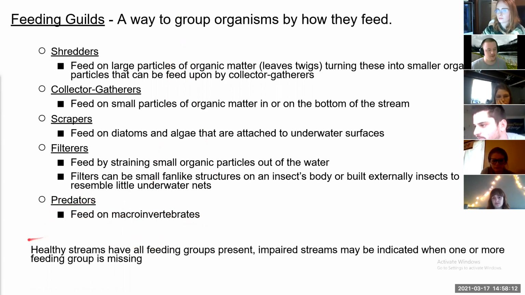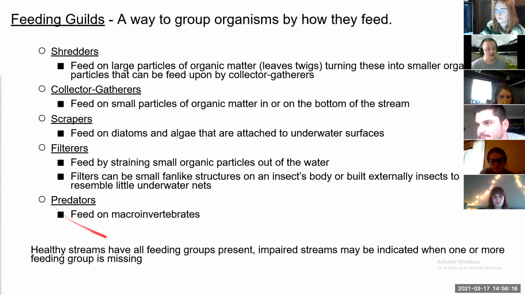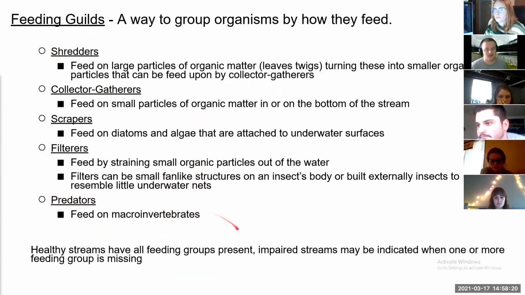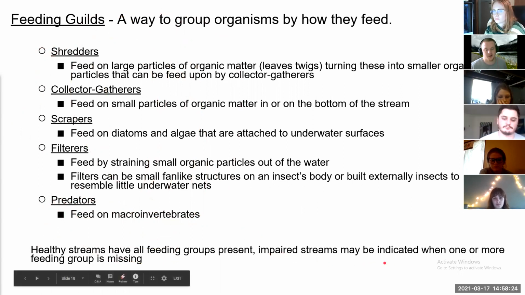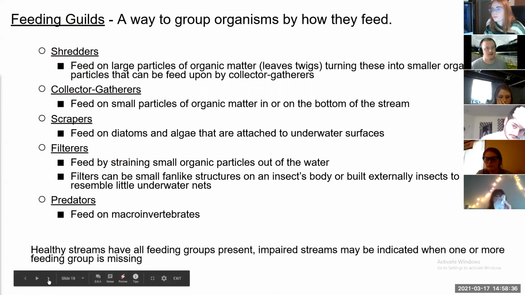So in a healthy stream, you would probably have aquatic organisms, generally macroinvertebrates, that occupy all of these roles, these feeding groups. And in impaired streams, it might be indicated if you don't have at least one of these, or if you're missing multiple. That'd be a way to tell if your stream is potentially impaired.